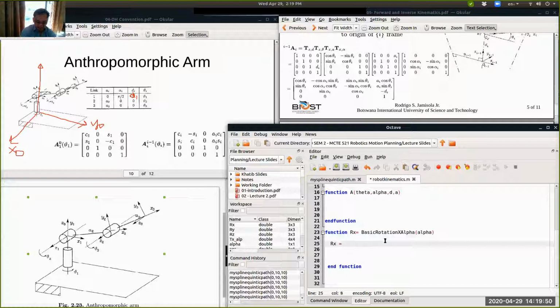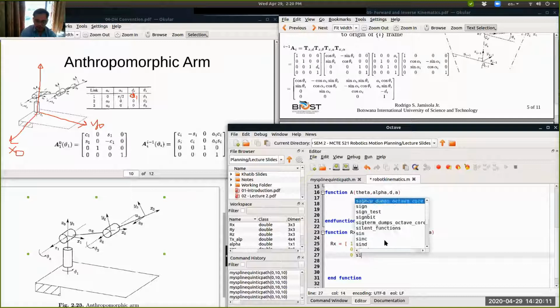Rotation about X is equal to 1, 0, 0, and then I think we just put it like that to make sure that we have done it correctly. 0, cosine of alpha and sine of alpha, and then 0, minus sine of alpha and then cosine of alpha.